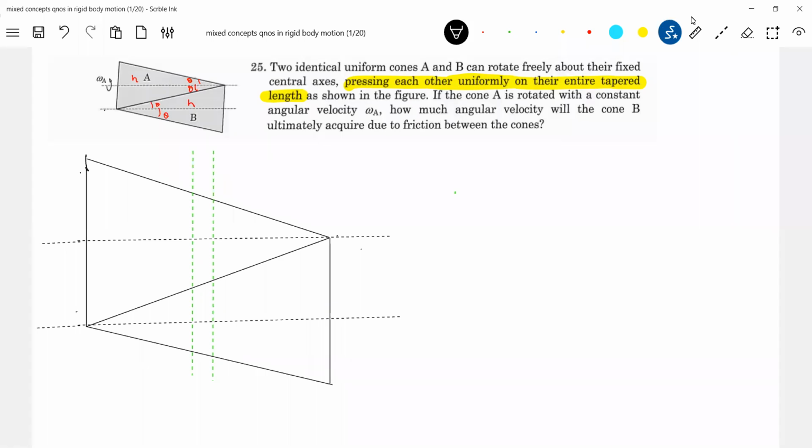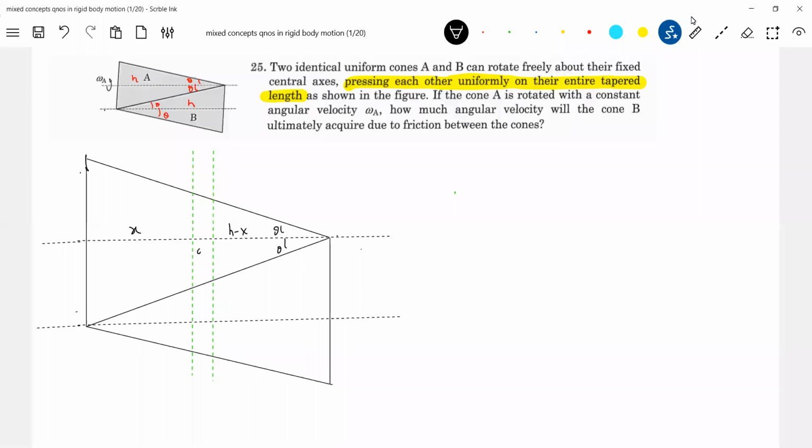They press uniformly, and this is theta. We assumed the height of the cone is h. Let me take this as x. This will become h minus x, this particular length. I can't show so many arrows. This is some reference vertical line I picked up here.